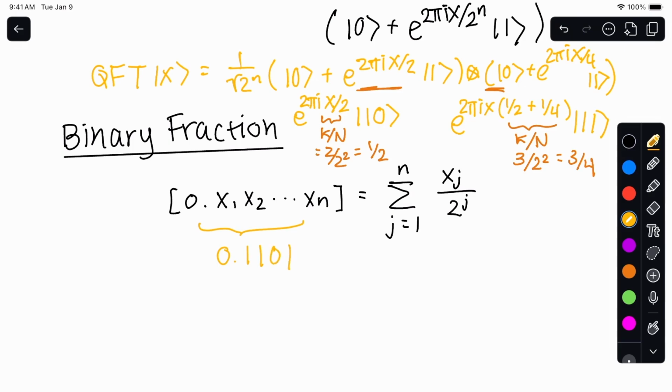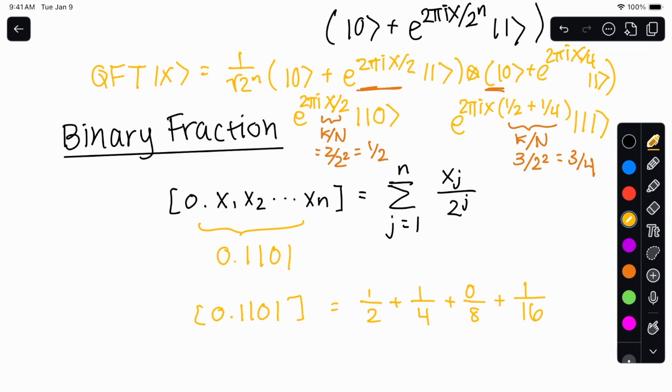And this is just going to be a sum over those elements times increasingly large negative powers of 2. So for this example, this would represent 1/2 plus 1/4 plus 0 over 8 plus 1/16. And that's it.